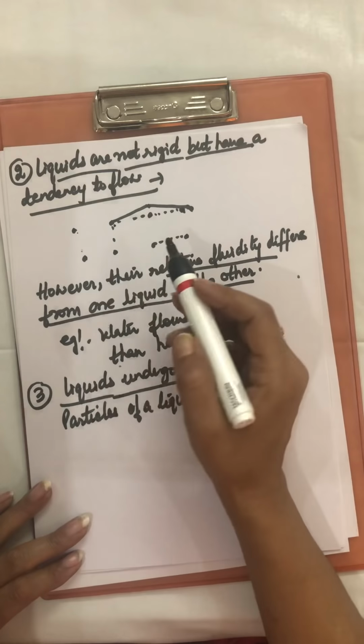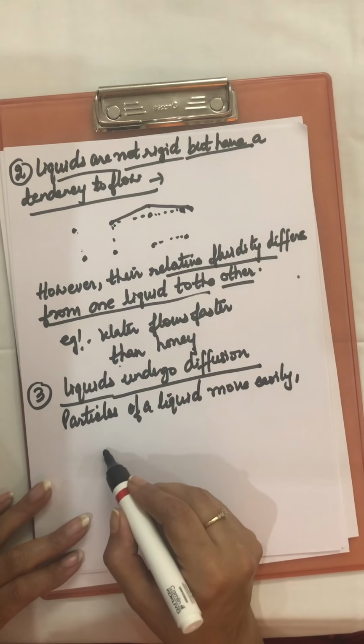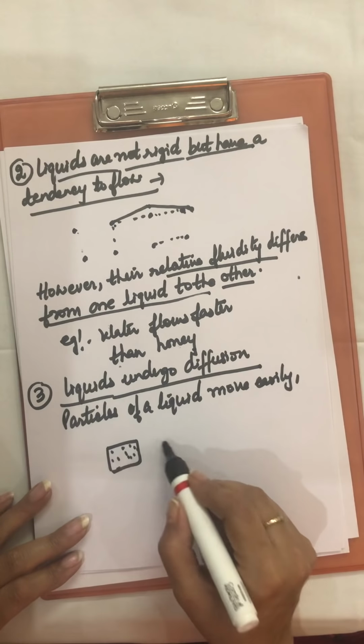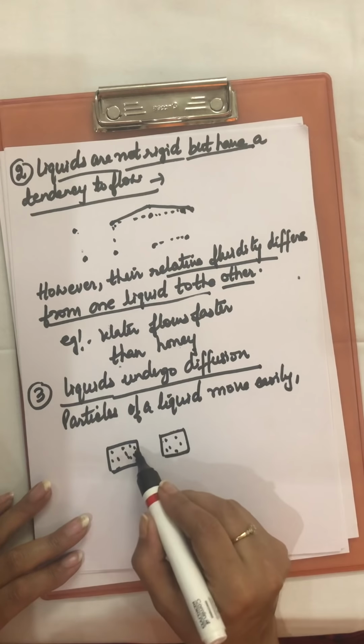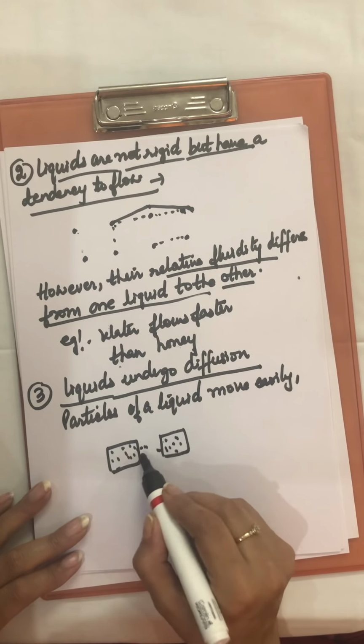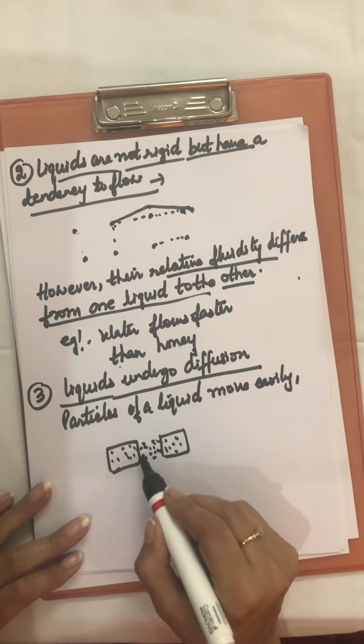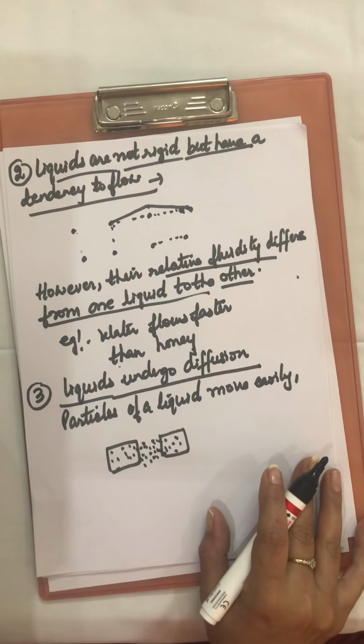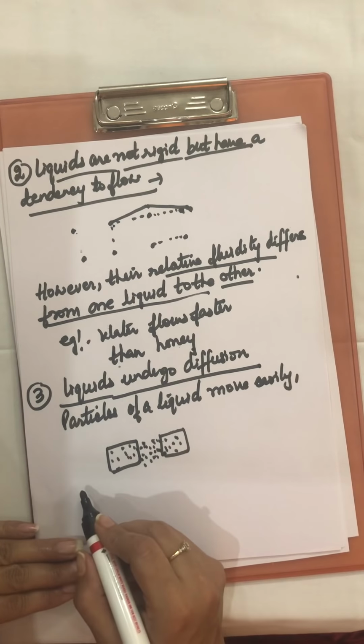So here is one liquid, and this is another liquid. When the particles can move, they can mix into each other. So particles of liquids move easily due to larger interparticular spaces in liquids.